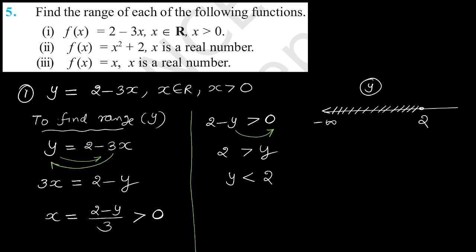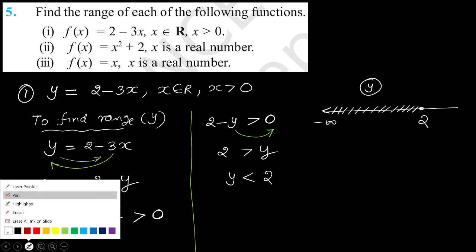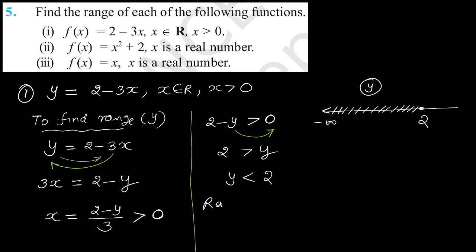Okay. So I want to write it in interval form. The range is the values of y, and the value of y must lie between minus infinity and 2. 2 is not included. It is not y less than or equal to 2; equal to is not there. So y cannot be exactly equal to 2.